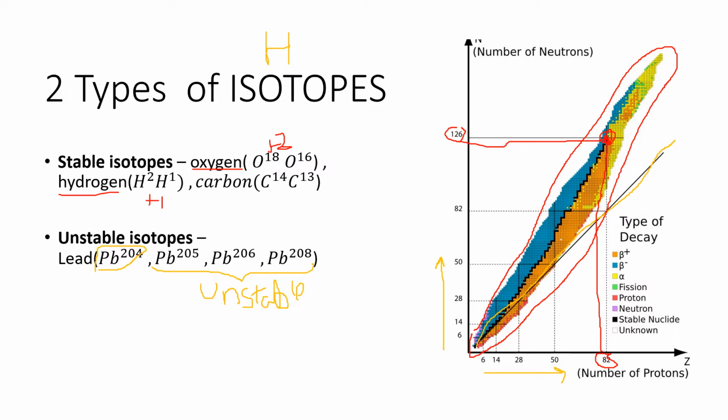But if we look at 82 atomic number, then the number of neutrons have increased by 44 with respect to protons. So this is what is causing unstable isotopes.